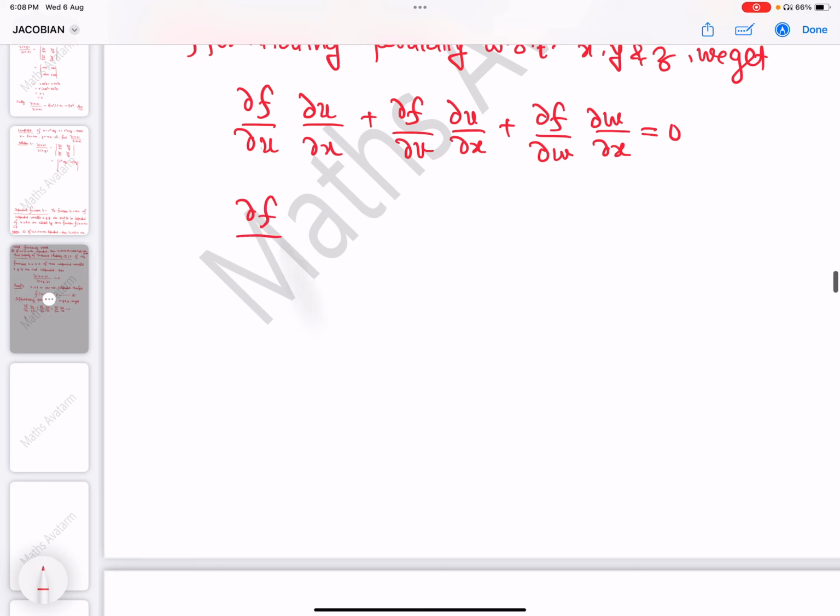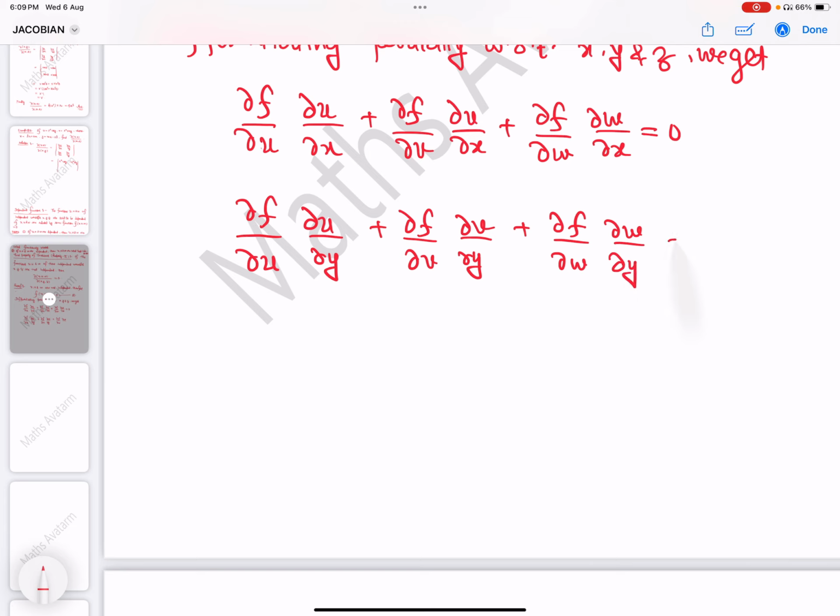Similarly, del f upon del u times del u upon del y plus del f upon del v times del v upon del y plus del f upon del w times del w upon del y is equal to 0.